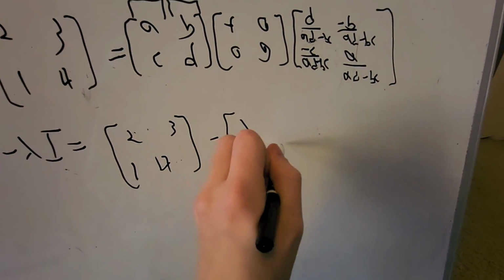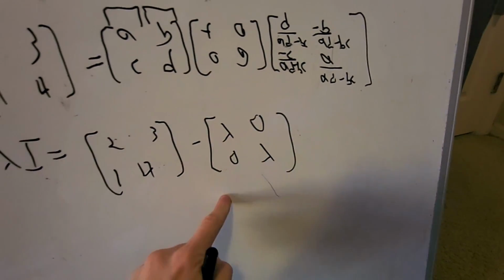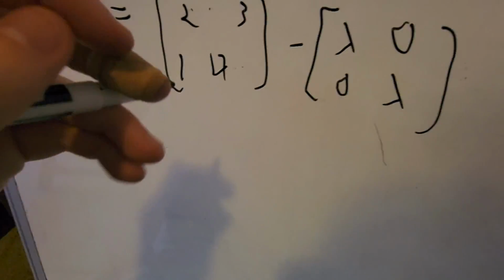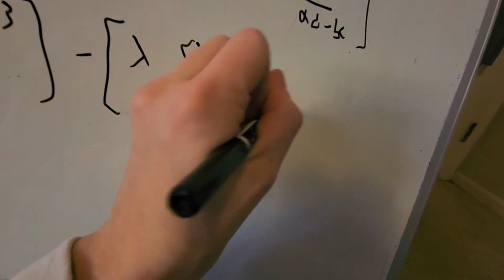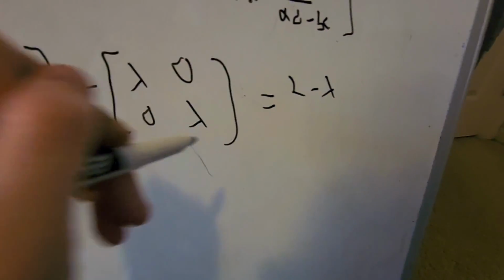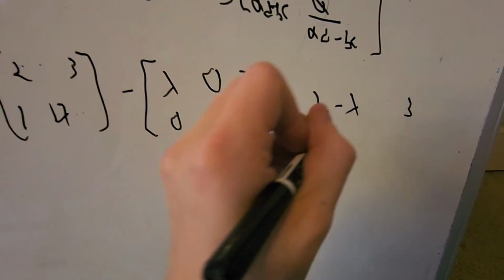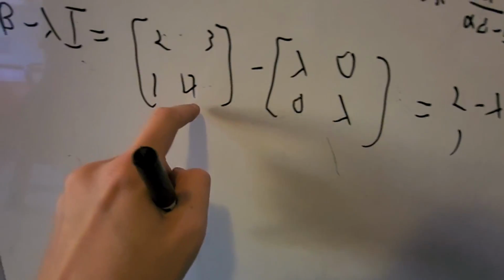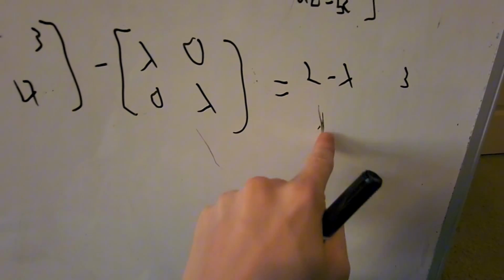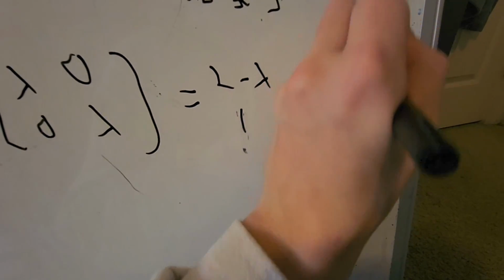So lambda times 1 and lambda times 1. And then we subtract each term. So B minus lambda I is going to be 2 minus lambda, 3 minus 0, 1 minus 0, and then 4 minus lambda. So this is 1 and 4 minus lambda.